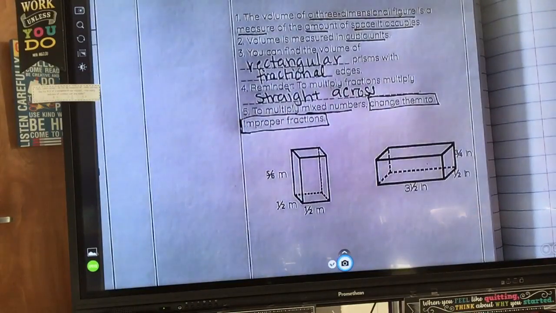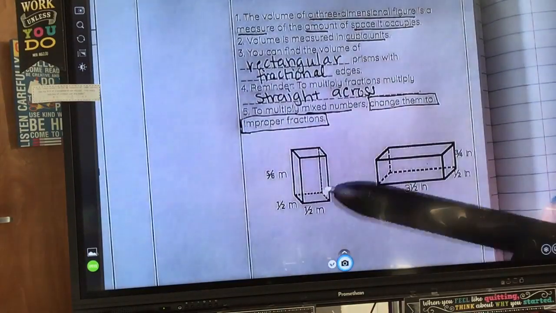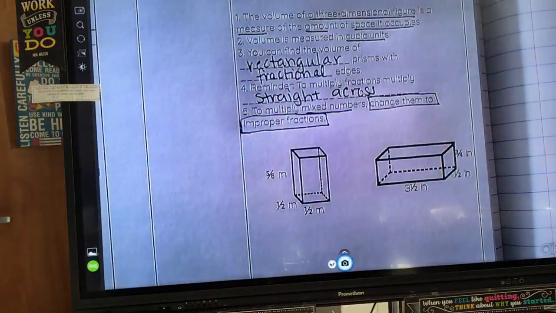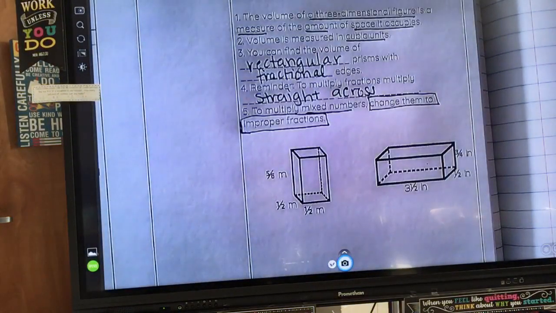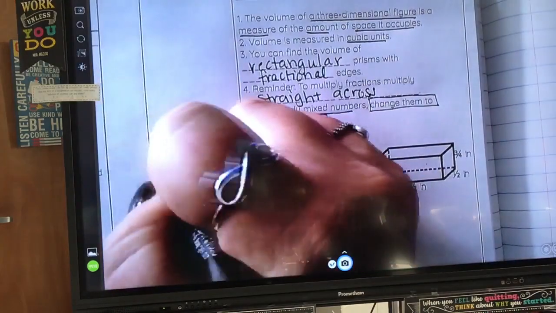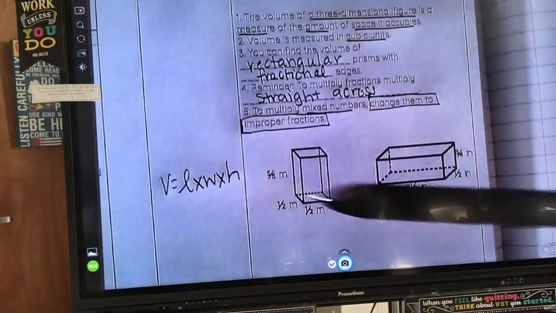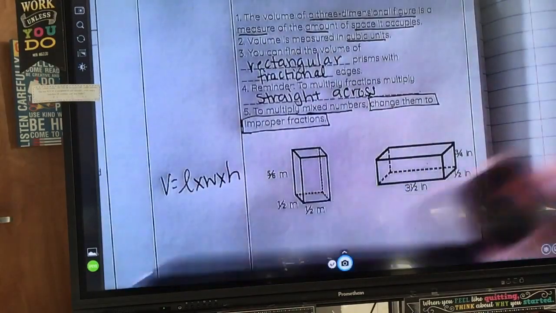All right, so what is the formula when we do volume with fractional edges? Does it change? No, it doesn't change. It's still going to be length times width times height. What's the only difference between this rectangular prism and the first rectangular prism?